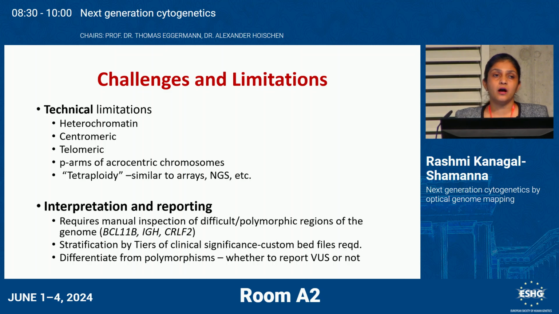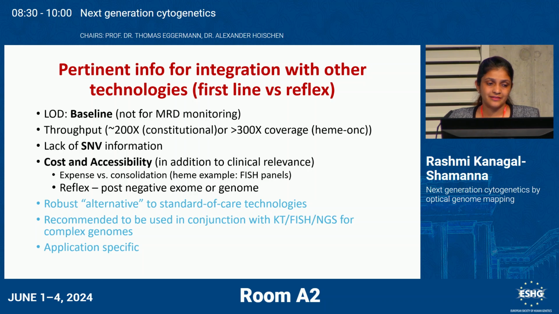And of course, collective efforts are needed to meaningfully stratify these calls to those that are clinically significant, to those that are just variants of uncertain significance, what are germline, and especially with respect to the balanced changes, more data are accumulating, and multiple center efforts would be particularly beneficial.